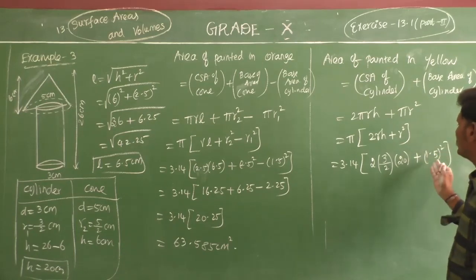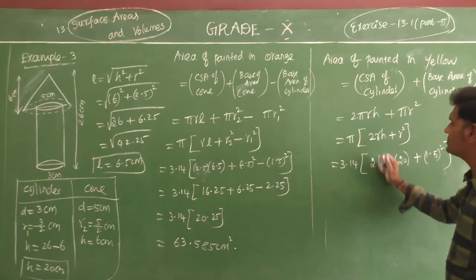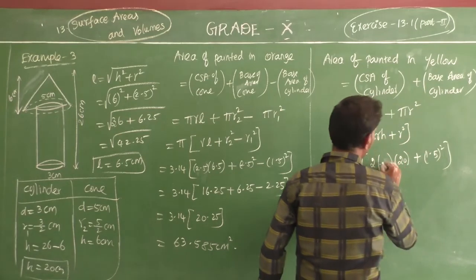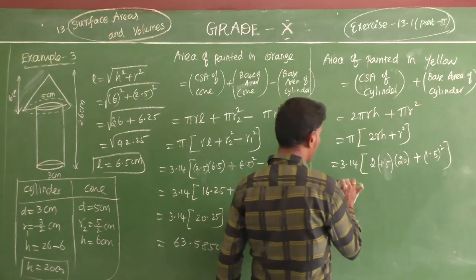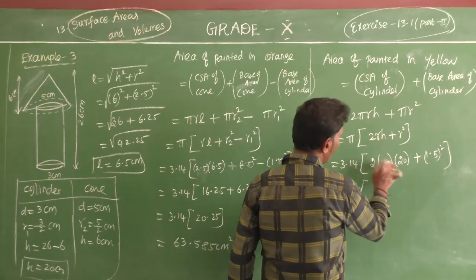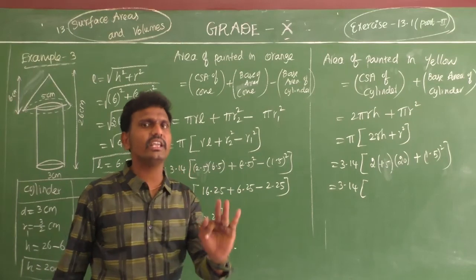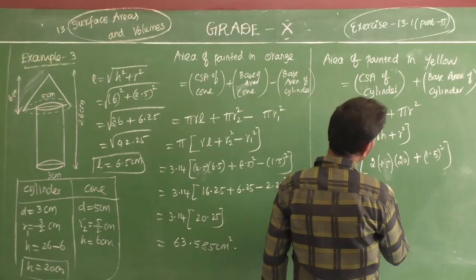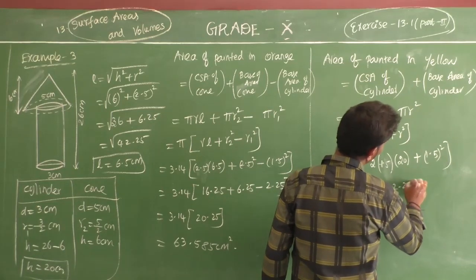Why are you taking 1.5 here and 3 by 2 there? It is a simplification, so you can always write the same thing. Don't worry. Now 3.14 into 1.5 into 2, what will come? 3. So 3 into 20 is 60, plus 1.5 squared is 2.25.